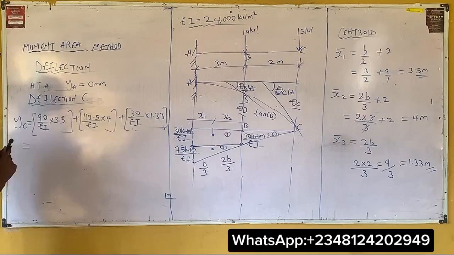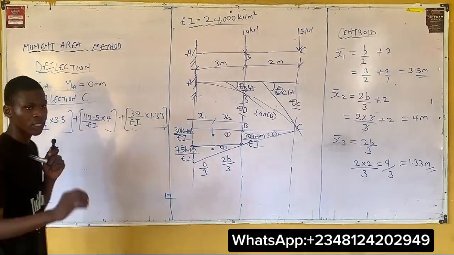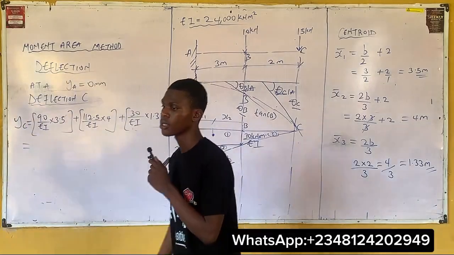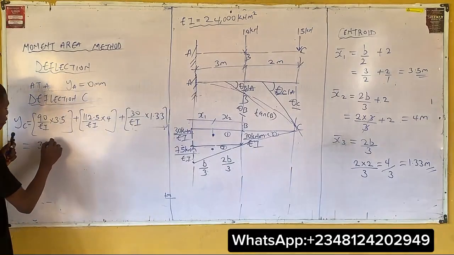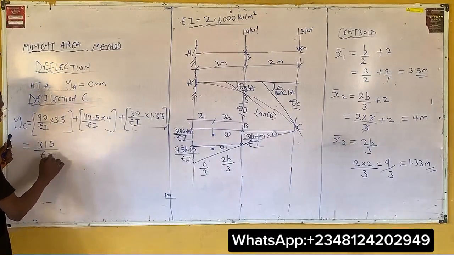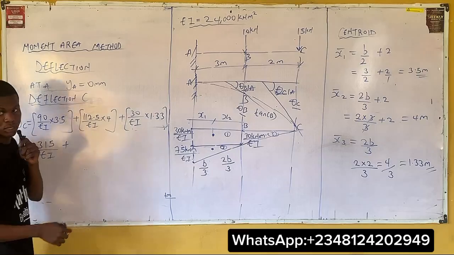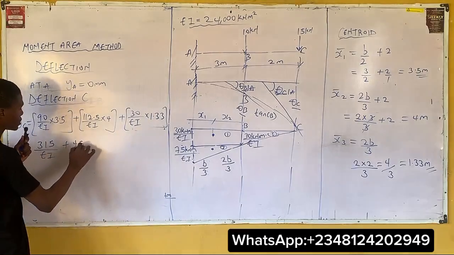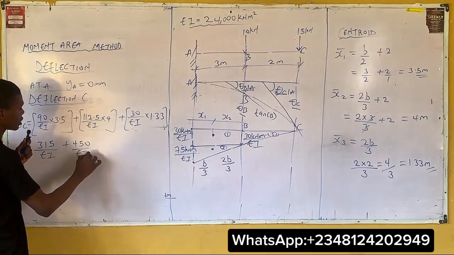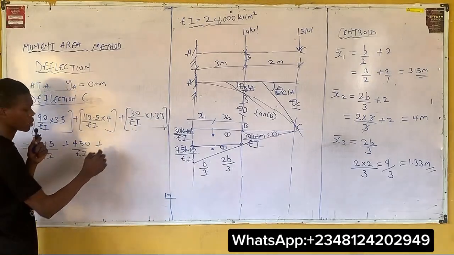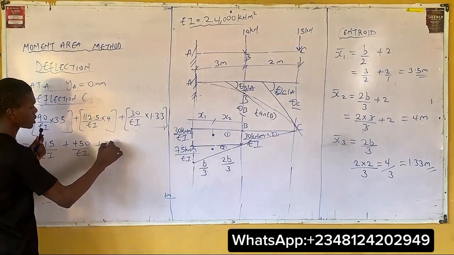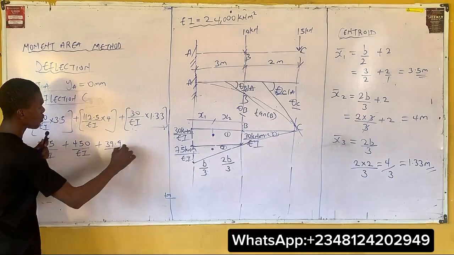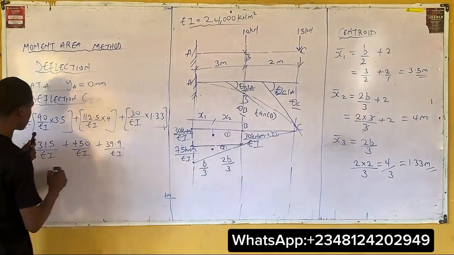What's the answer? 90 separately: 315 over EI. Plus, what's the answer to this? Plus 450 over EI. Plus, what's the answer to this? 39.9 over EI. The summation of this gives us what?